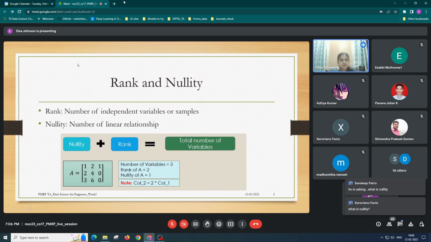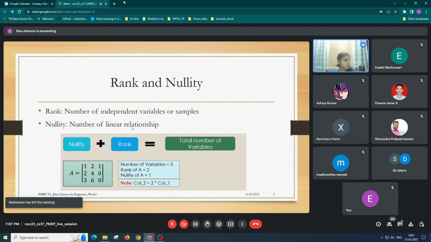Okay, nullity is the number of linear relationships which are available in a matrix. Okay, so here you can see if there is a linear relationship in a particular matrix, and if there are columns which have a linear relationship, then it's known as the nullity. Okay, so here you can see in matrix A there is 1 2 3 first column, 2 4 6 second column. Okay, so here column 2 is 2 into column 1.